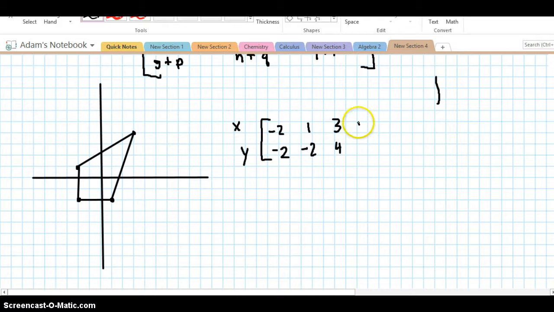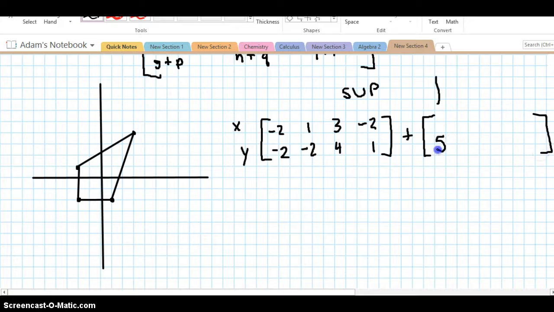We have a point at -2, 1. Now, since I want to shift this 5 units up, I have to add 5 to each y value. So we're going to put 5s down here. If I want to shift it 1 to the right, I add 1 to all my x values. So we'll put 1s all up here.